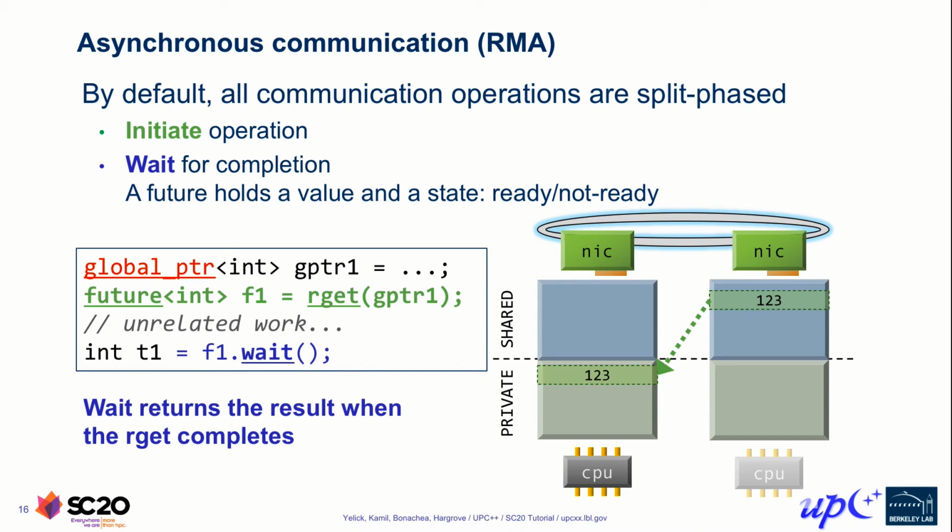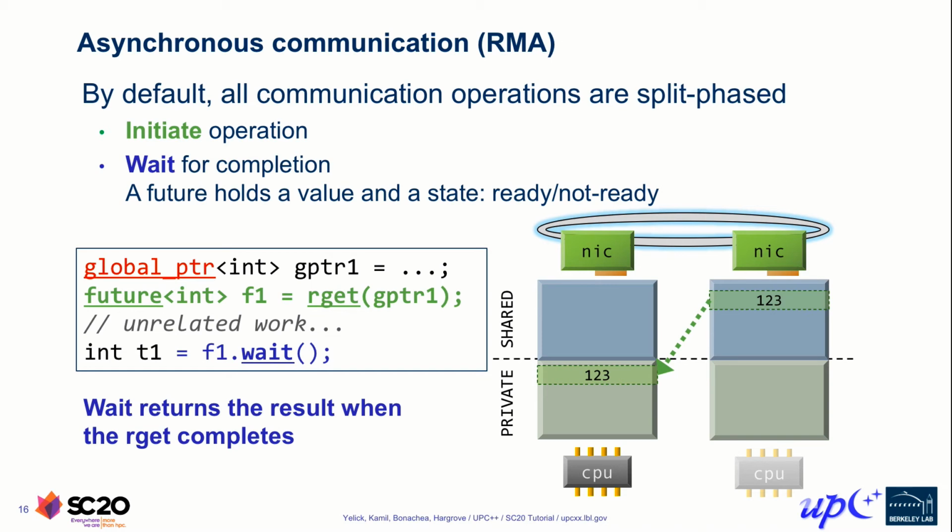The way you wait for it is to have something called a future, which is going to hold the value and the state of whether it is ready or not, for a communication event that returns some value. So this is the syntax shown here. We've got a global pointer declared that's pointing to an int, and we do a future on that to do an rget into that int.